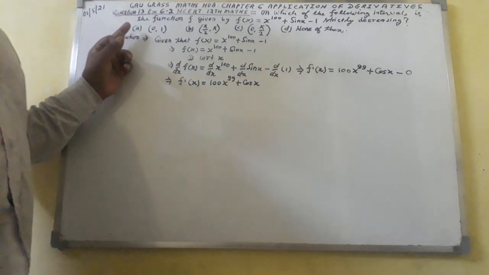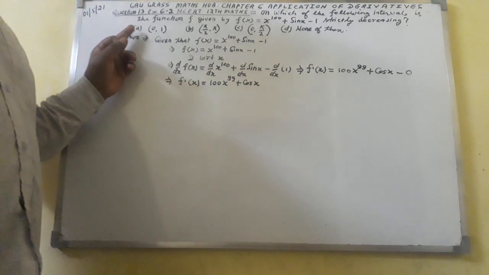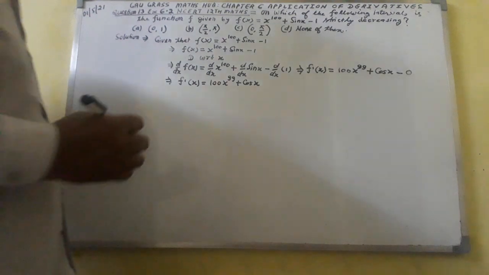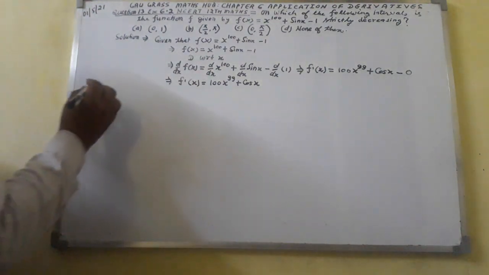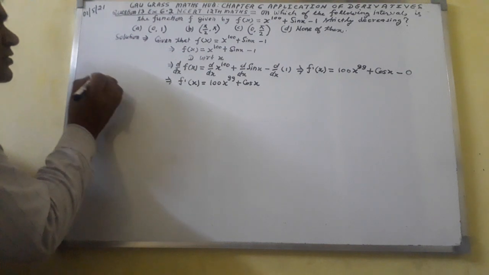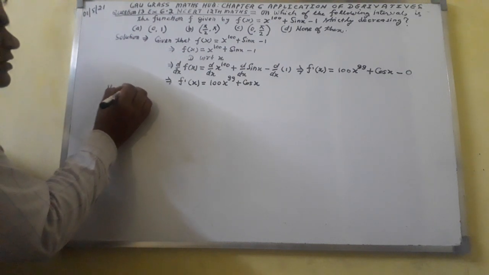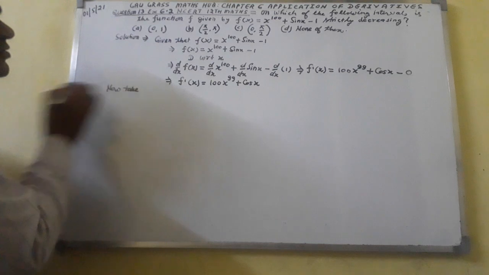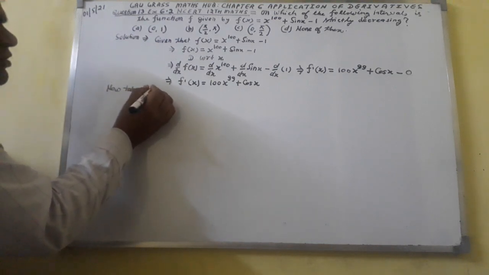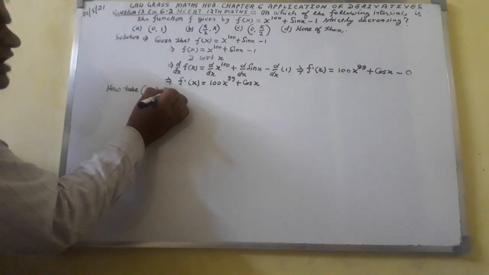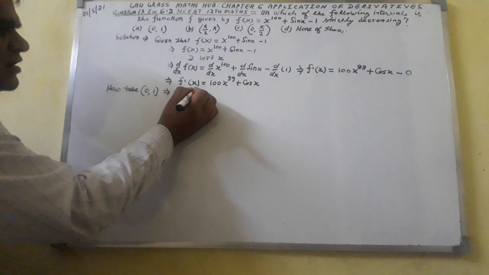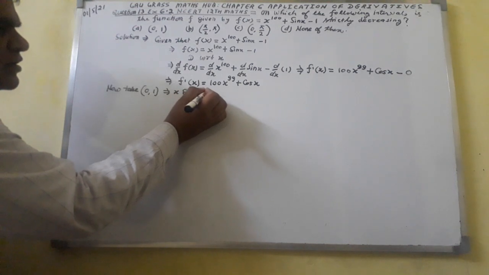First of all, take option A, open interval 0, 1. Now take open interval 0, 1, which implies x belongs to open interval 0, 1.